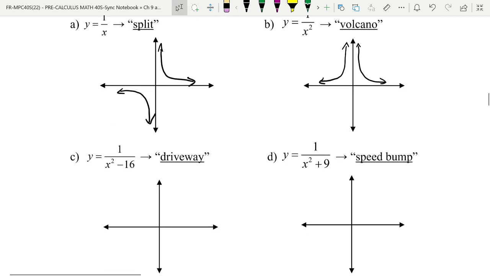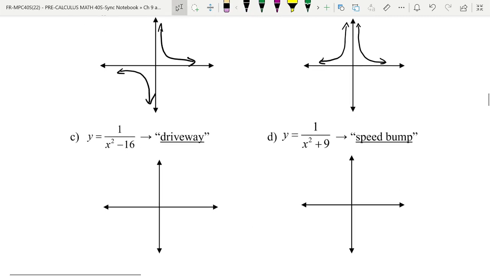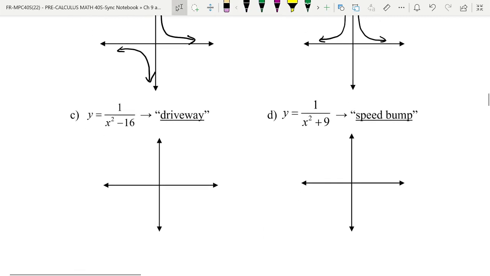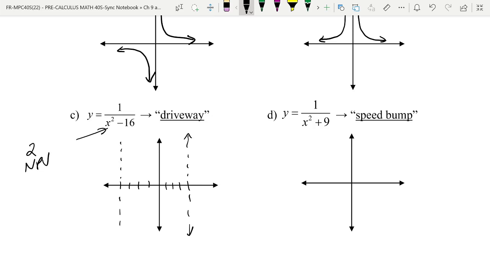Then, what if the denominator is a quadratic that's a little more complicated? This one's the driveway. What makes it the driveway is that it has 2 non-permissible values. So if it has 2 non-permissible values, those non-permissible values make asymptotes, and you have the driveway.